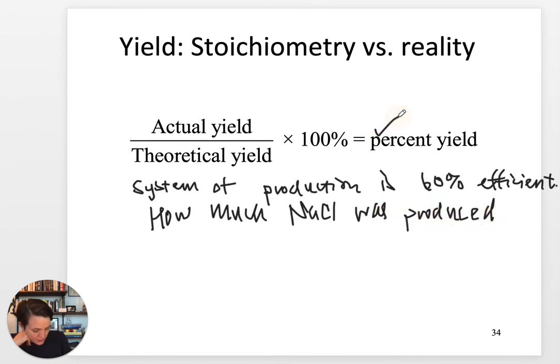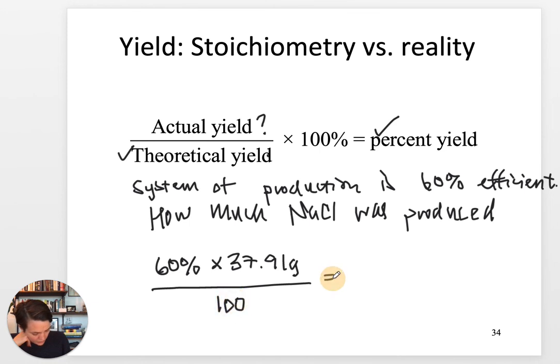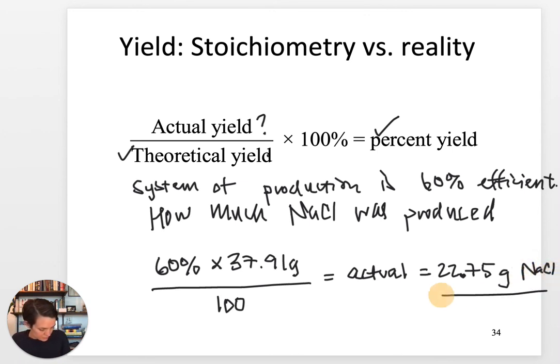Here we would have our percent yield and our theoretical yield, but we don't have our actual yield, so we just rework that problem. It would be our percent yield, 60%, times our theoretical yield, 37.91 grams, divided by 100, which gives us our actual yield, which is 22.75 grams.